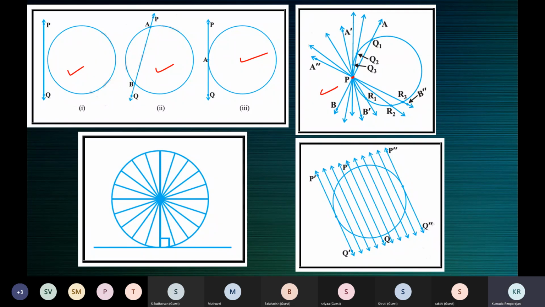We can draw infinitely many lines passing through a given point. So through this point P, which lies on the circle, you can draw infinitely many lines. Of those, only one line can act as a tangent to the circle. The others will be secants.